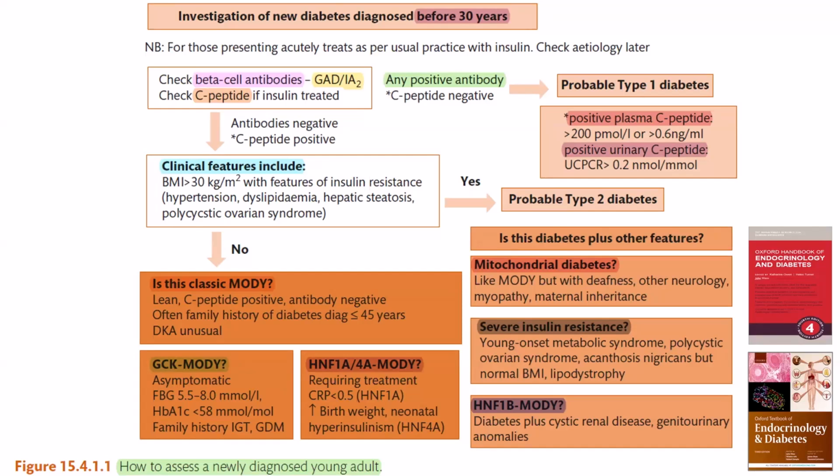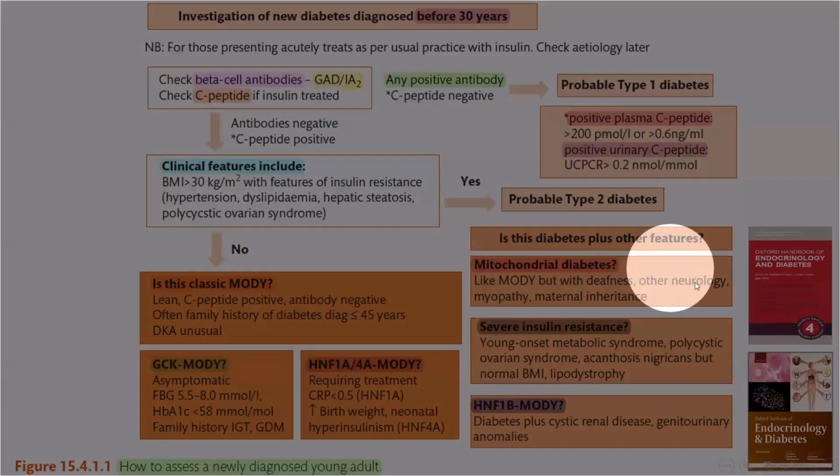HNF1 alpha and HNF4 alpha usually require treatment, and respond well to sulfonylurea. CRP is negative with HNF1 alpha, and macrosomia with neonatal hypoglycemia occurs with HNF4 alpha. Mitochondrial diabetes, as we mentioned previously, has neurological manifestations, myopathy, and deafness, and is inherited by maternal inheritance.